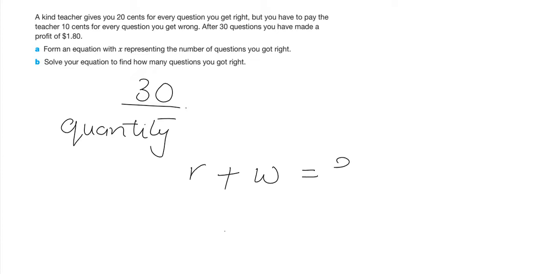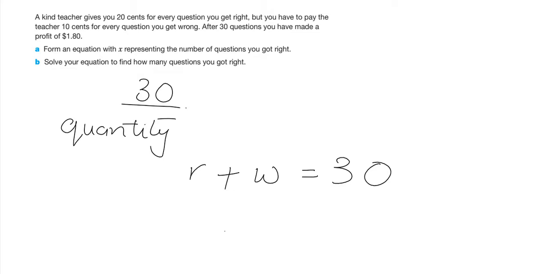First of all, we have to discuss the quantity. Let the right questions be R and the wrong questions be W. You know that right and wrong together make up the total, which will be equal to 30 questions.